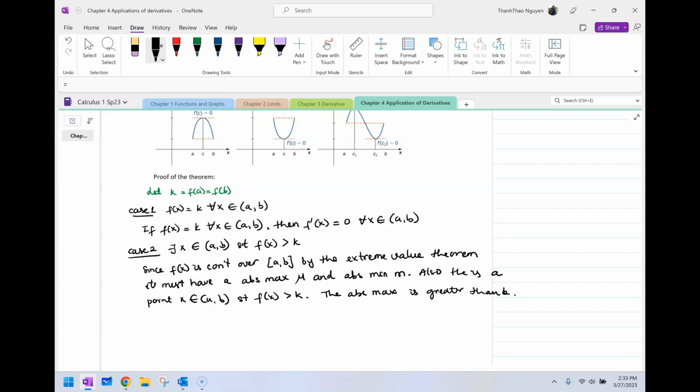Therefore the absolute maximum does not occur at either endpoint.